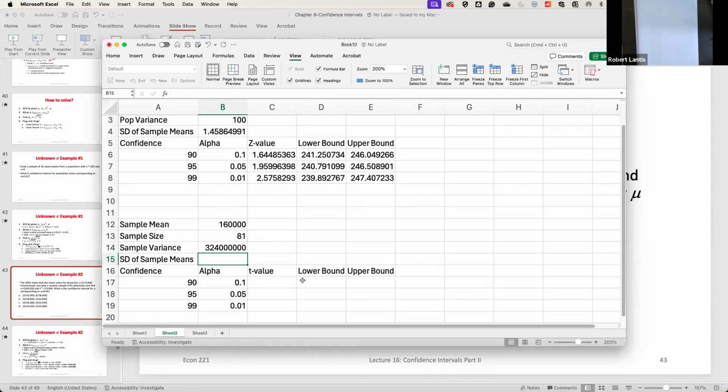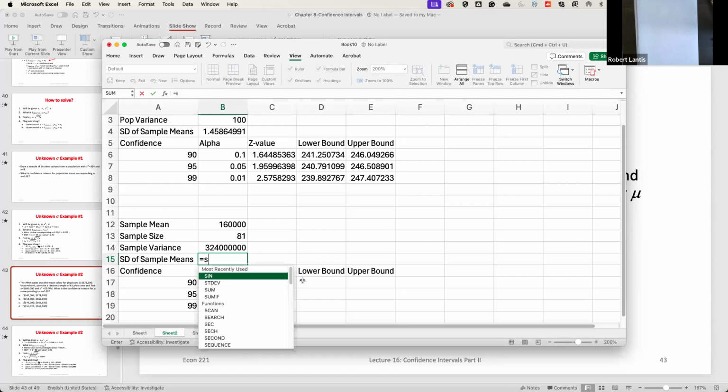It's going to be pretty wide, right? So here I'm just going to do the intermediate calculation. I'm going to take the square root of my sample variance over my sample size. This should give me the standard deviation of my sample means, right? But I'm using the sample standard deviation of my sample means because I'm not using a known population variance.